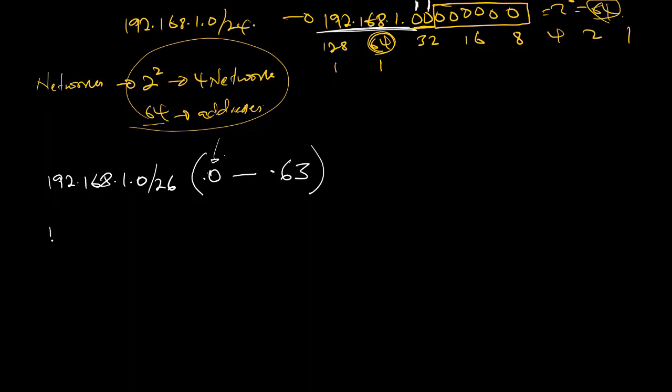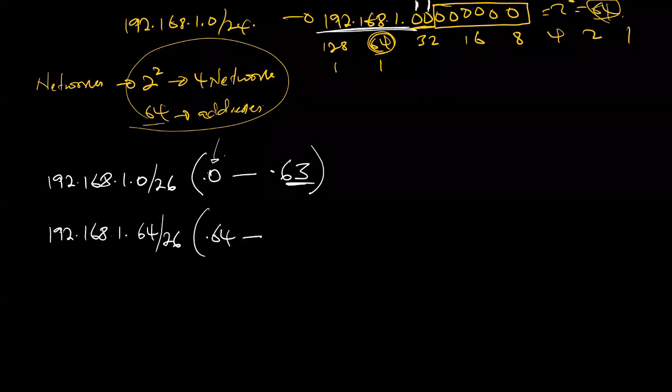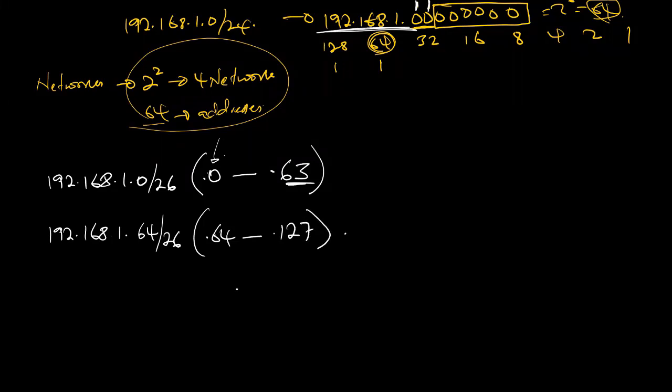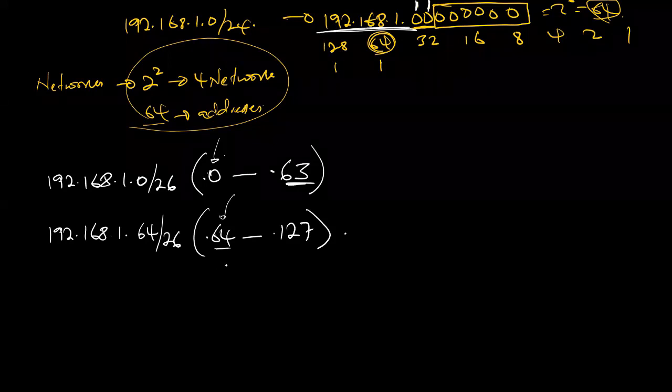The second one is 192.168.1.64/26, and it starts from .64 up to, add 63 to this, 127. We add 63, not 64, because we are counting this number also.